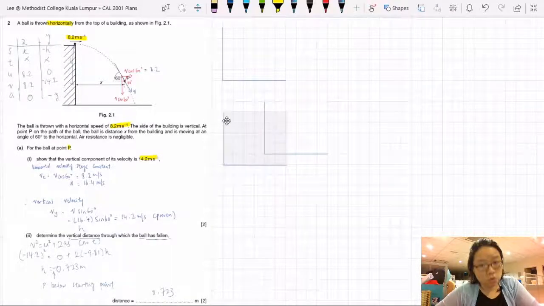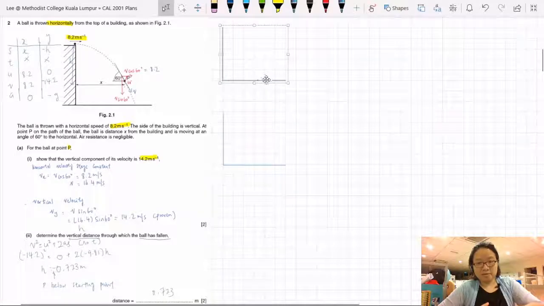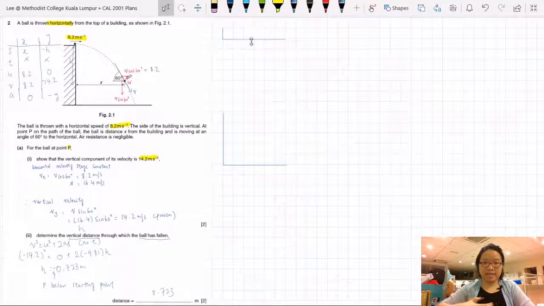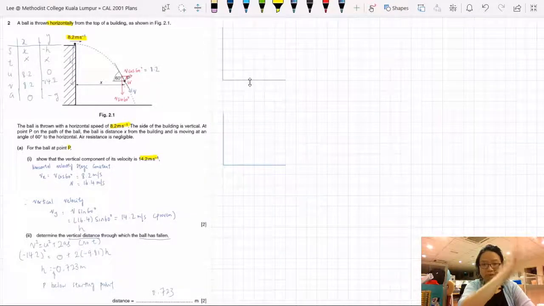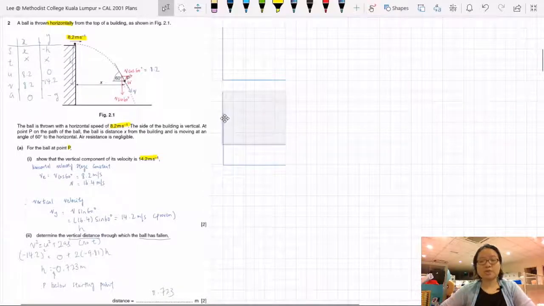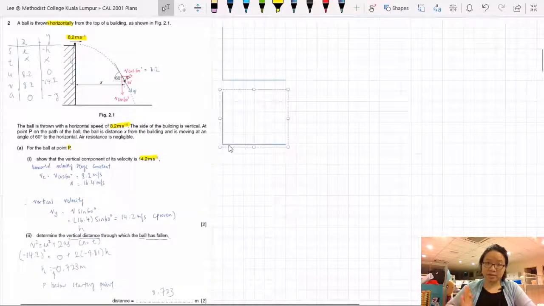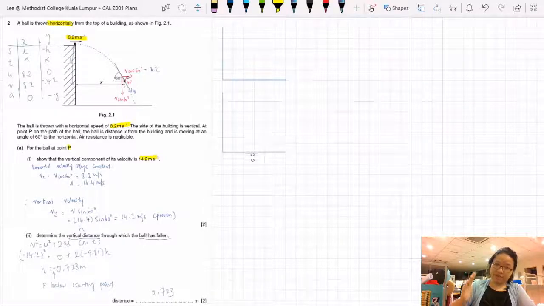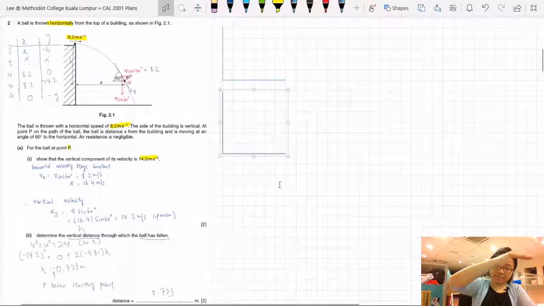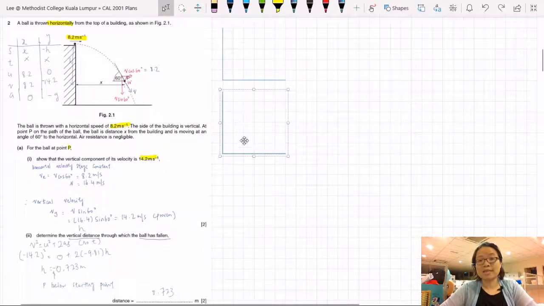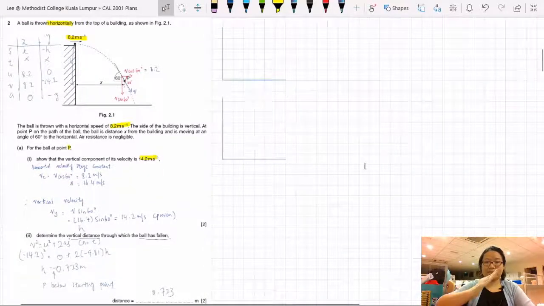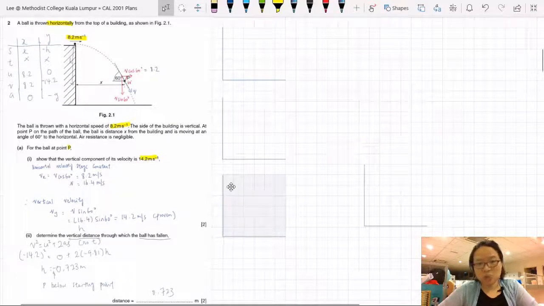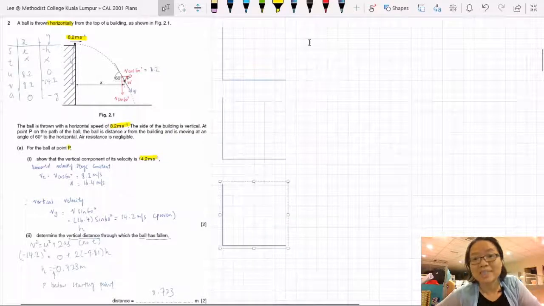Or is it increasing at an increasing rate, meaning the graph is going like this, steeper and steeper, or increasing at a decreasing rate, meaning the graph is going like this? Start off very fast and then eventually flatten out. Or increase at a constant rate, like this straight line. So we don't know. Need to see.